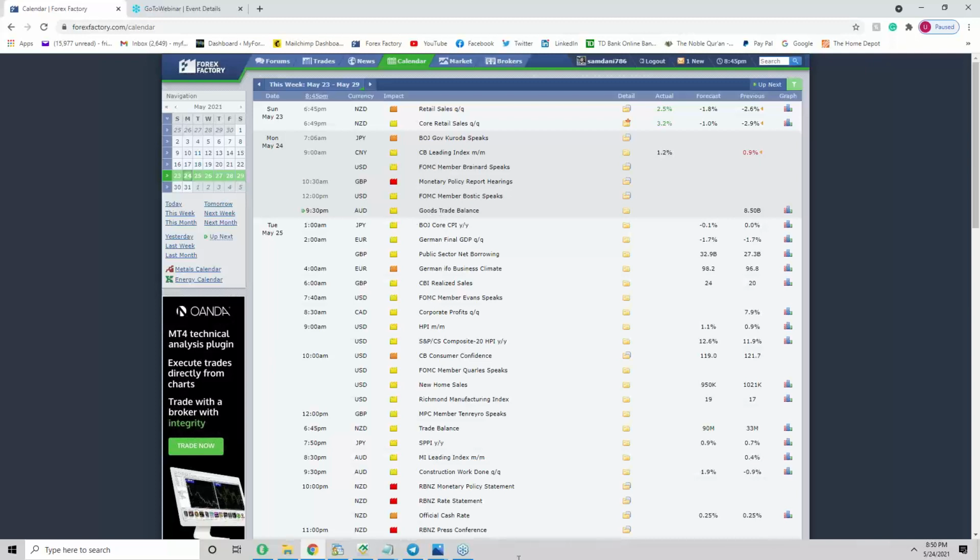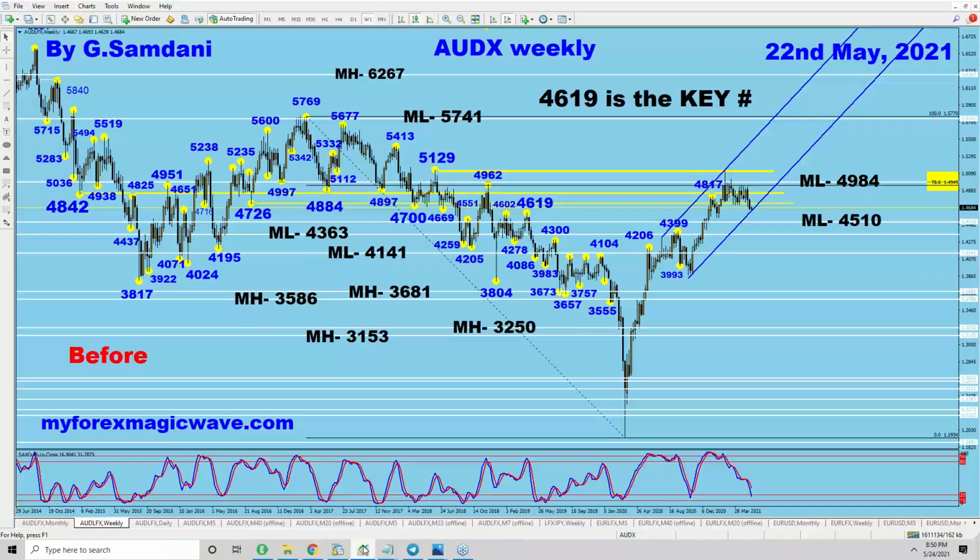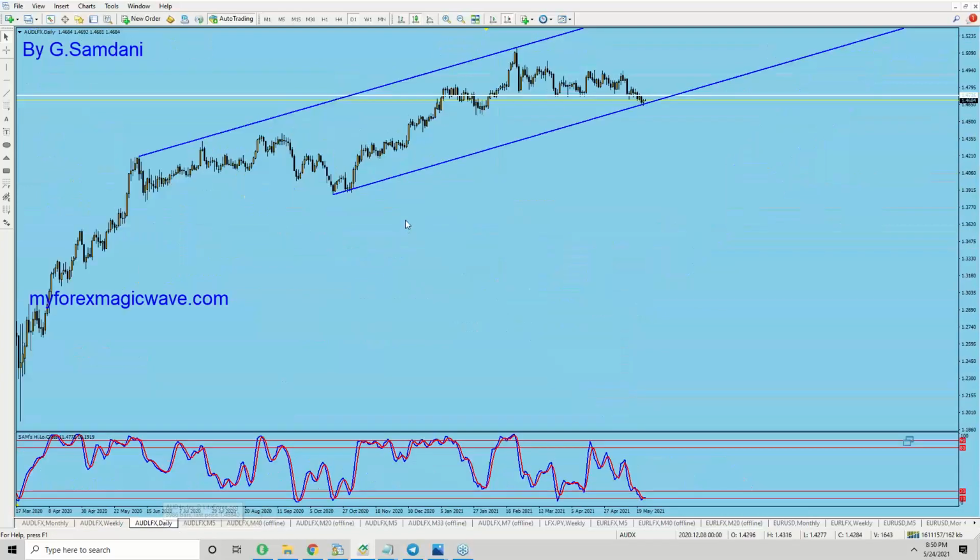Currently, what I'm looking at is the Aussie index weekly chart. This is the channel here. You see this from here to here, and then this retracement. It is hitting the channel trendline, and it is exactly 38% on a daily chart.